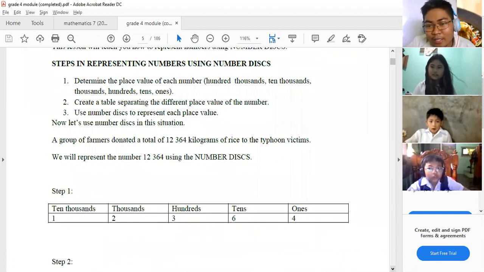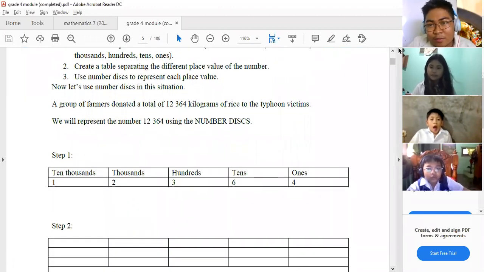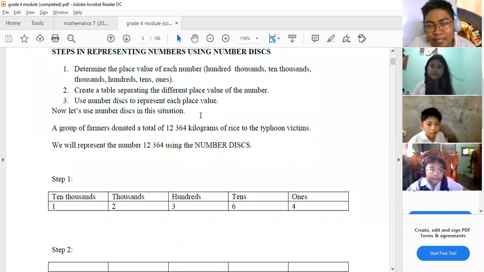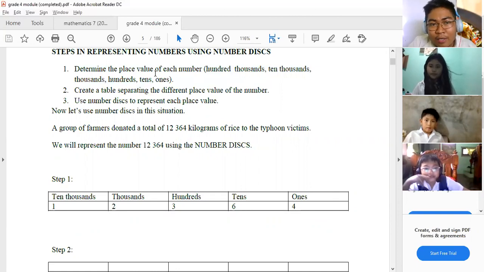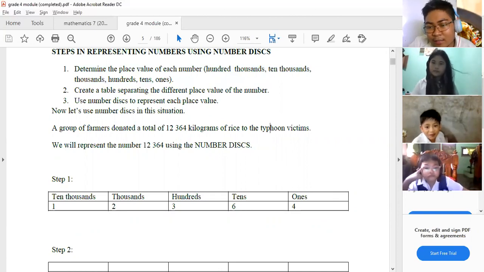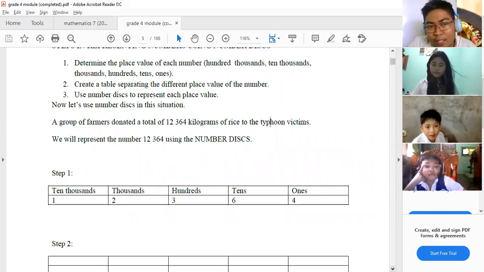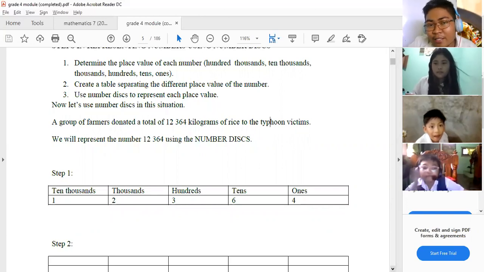The steps in representing numbers using number disks: step 1 is to determine the place value of each number up to 100,000. Then create a table and use number disks to represent each place value.